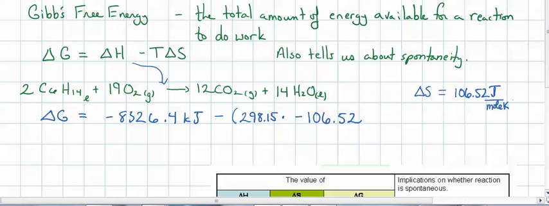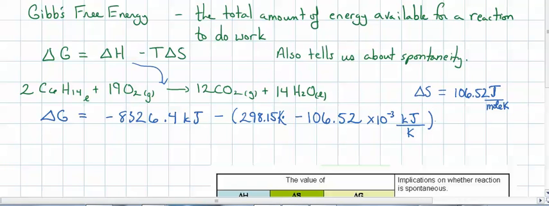The easiest way for me to do that is to say times 10 to the negative third. So that will change it into kilojoules for us. We're increasing the size of the unit, therefore our number has to decrease. I'm going to put K on the bottom, and I'm going to put K here, and you can see why we have K's, so they cancel out.